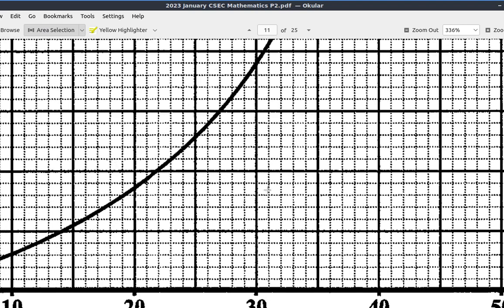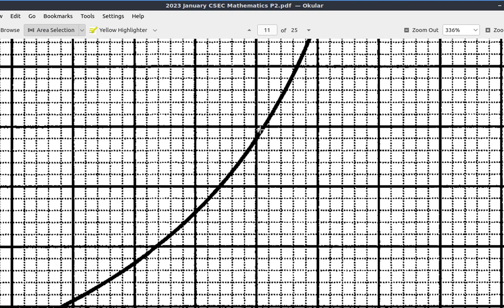If we project up to the curve, we come here. We go up to this line, but a little less than this line, about halfway between this line and the square before it. Right in this region here.